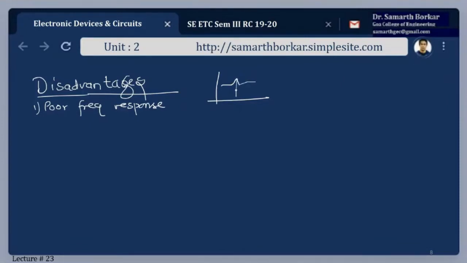That means I'm going to get a very high gain at one typical frequency, and that frequency is decided by the inductance value and the interwinding capacitance. Frequency is equal to 1 upon 2 pi root of LC. So due to this L component and the interwinding capacitance, I'm going to have resonance at this particular frequency.